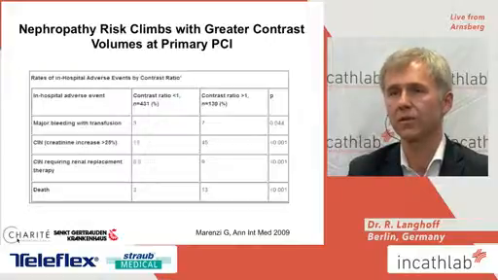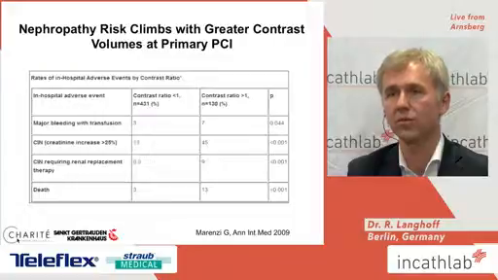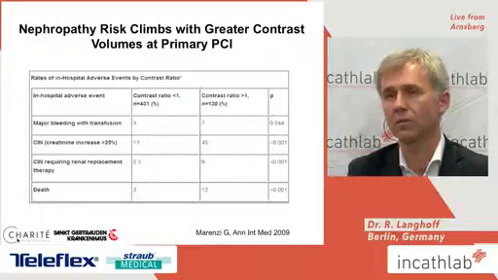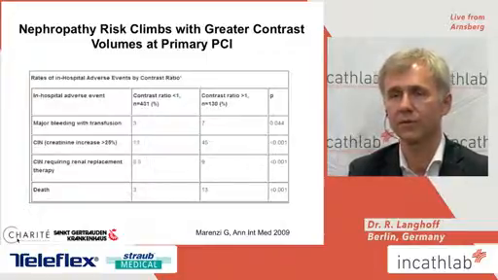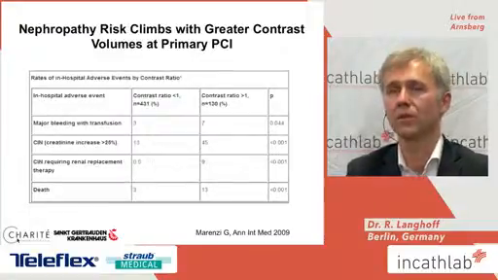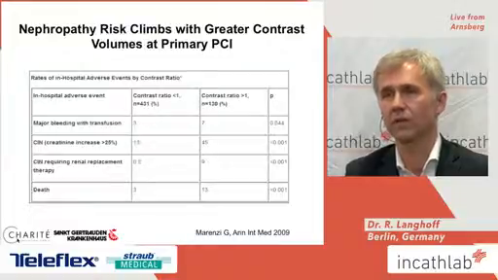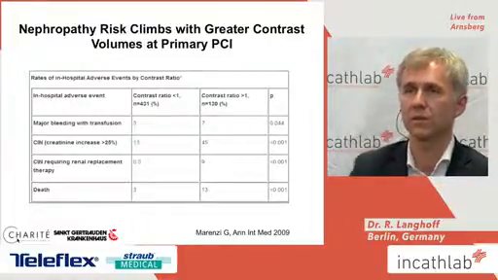If you look at the endpoint of giving more or less contrast, you see that with more contrast you have a 4 to 5 times fold increase in the rates of death. So in all those endpoints, the amount of contrast is really of great influence, even for hard endpoints like mortality.